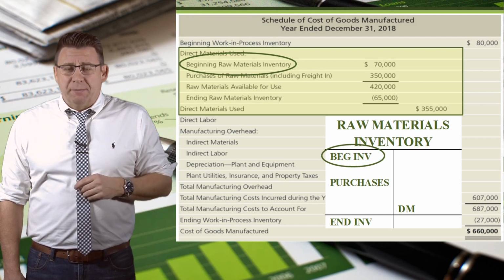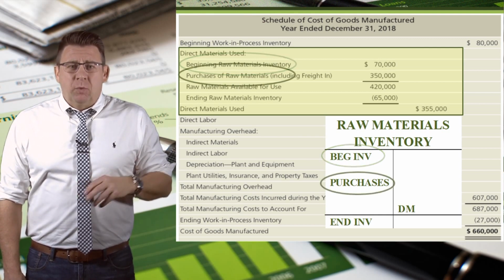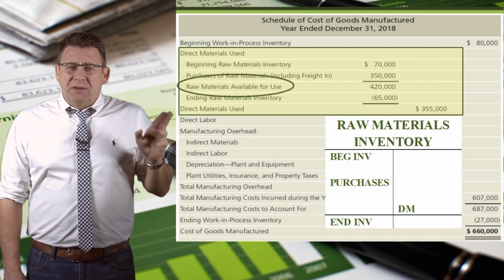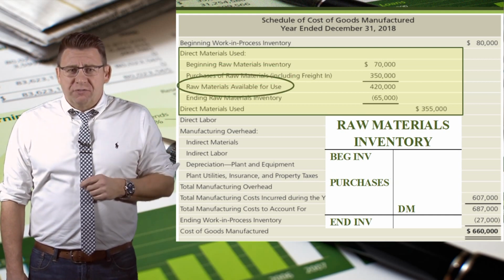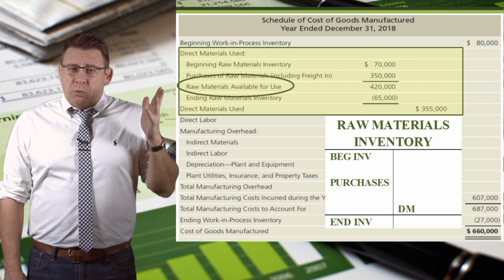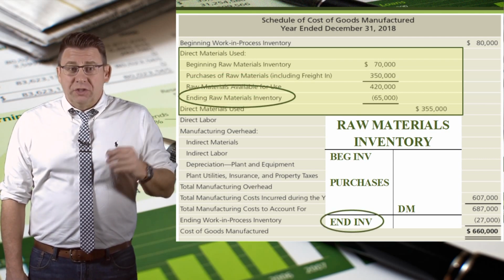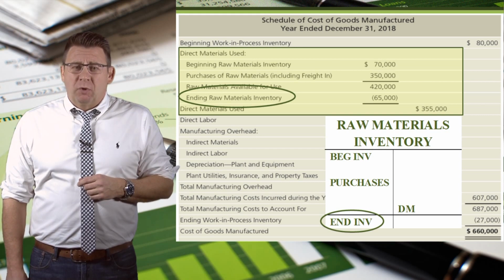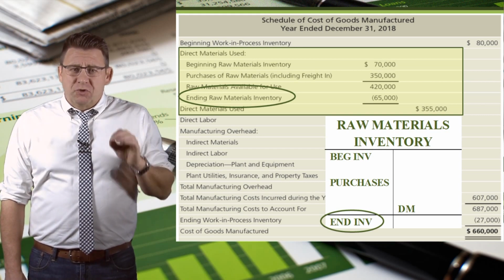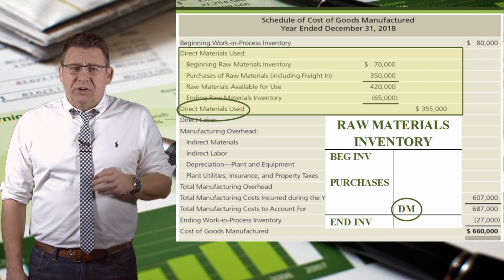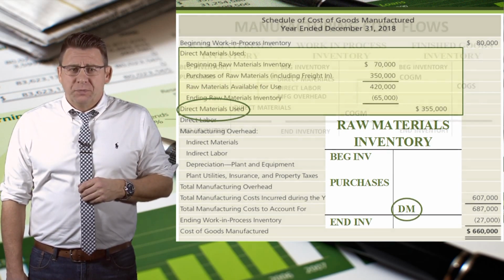Again, that's just the same as the T account. Then we add purchases of raw materials. So the beginning inventory plus our purchases of raw materials equal the raw materials available for use. Since there's only two things that can happen to the available raw materials, we can subtract ending inventory to arrive at direct materials used in production.